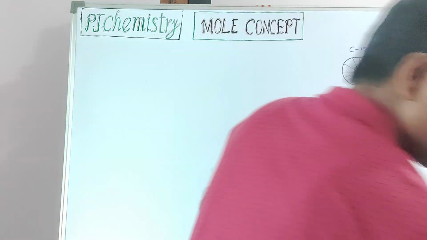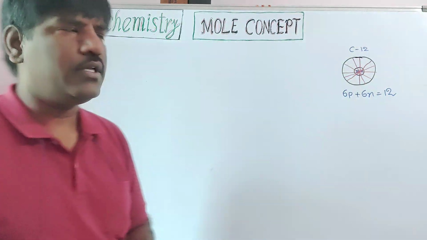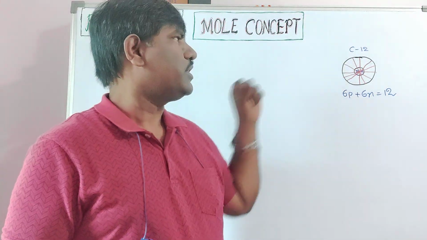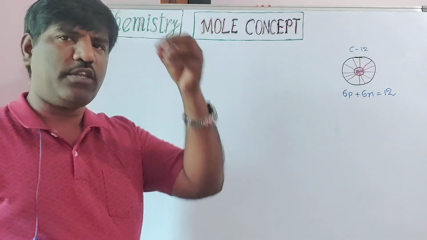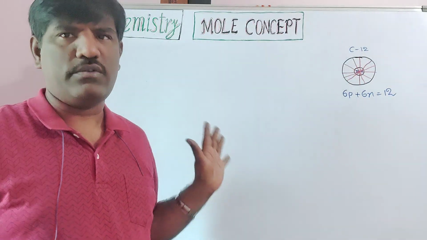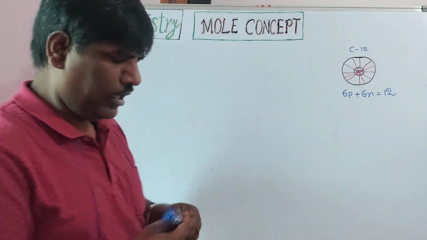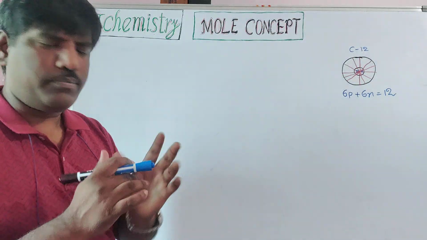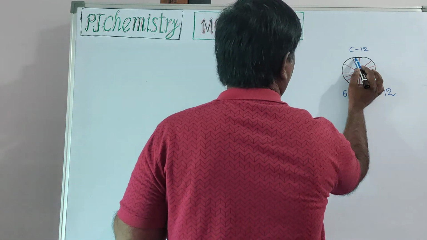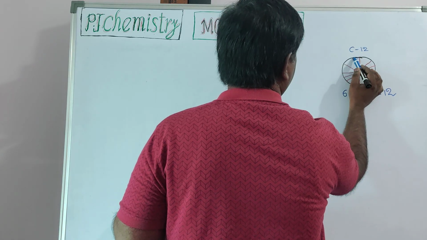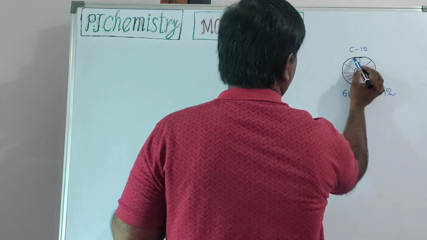Now these 12 parts are nothing but protons and neutrons. 6 protons, 6 neutrons. Any element you divide into that many protons and neutrons. Okay, in this one small part, one unit.